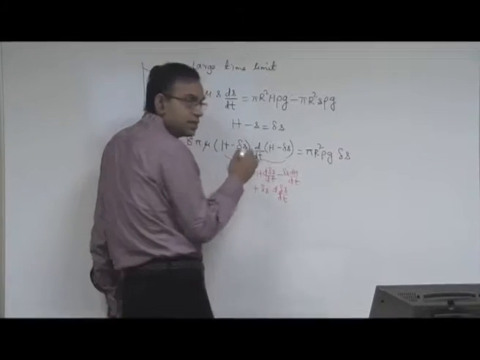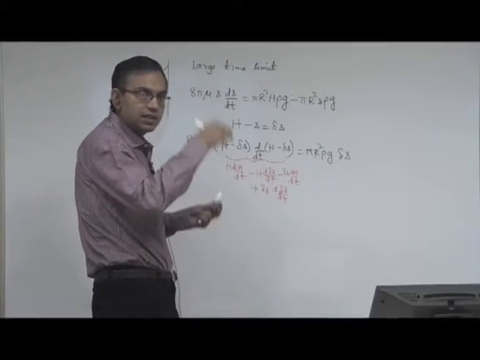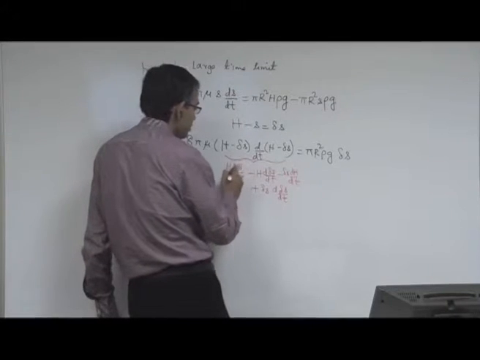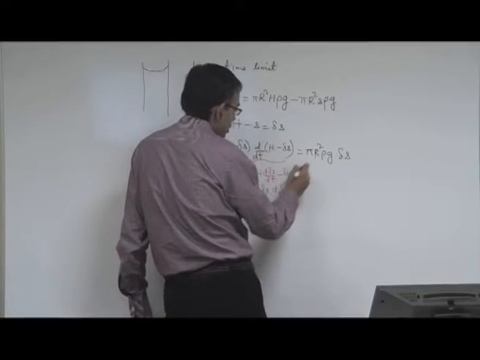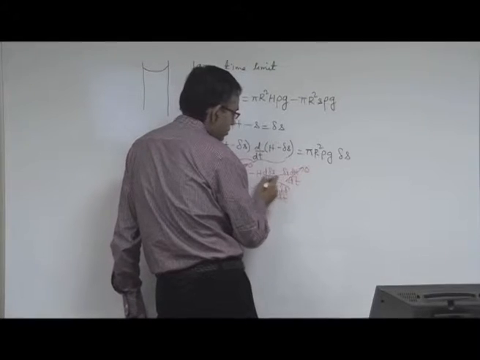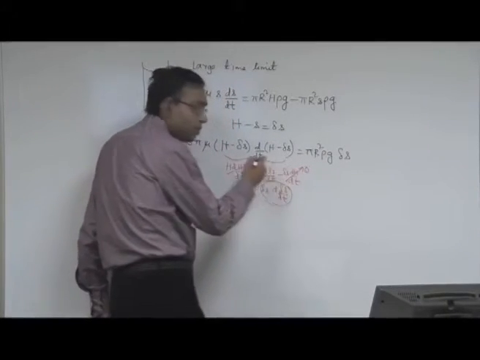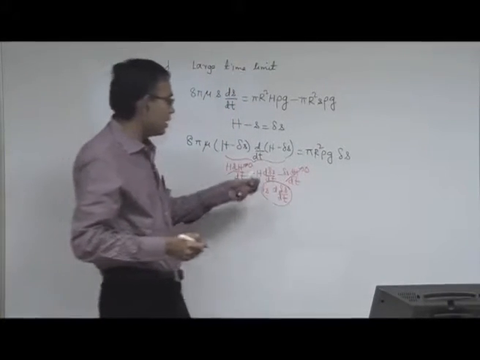Clearly capital H is not a function of time, it is the final static height. So this is 0, this is also 0, and this term, involving two small numbers, will be of lower order than the others.